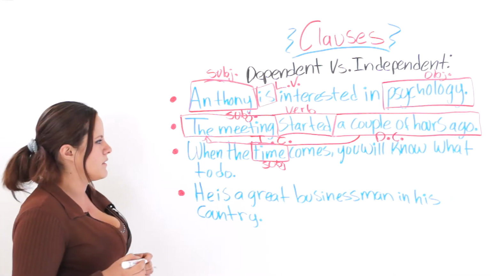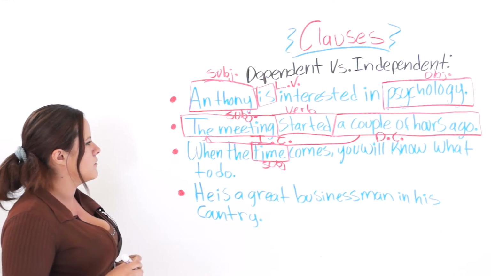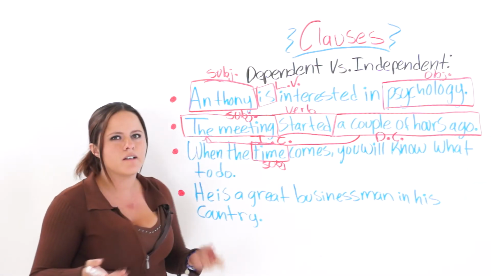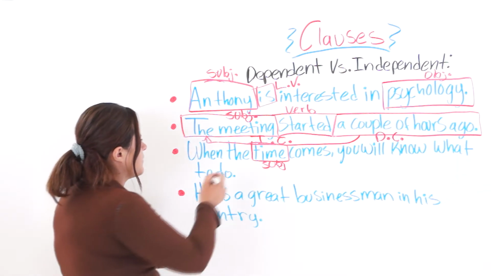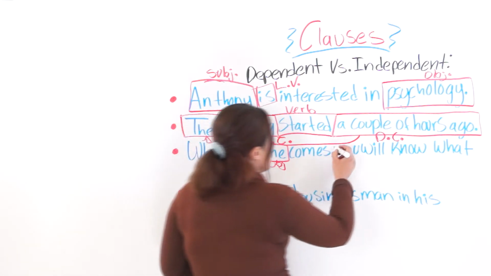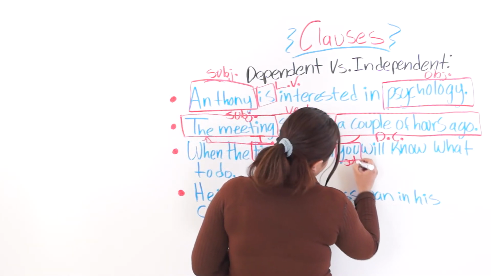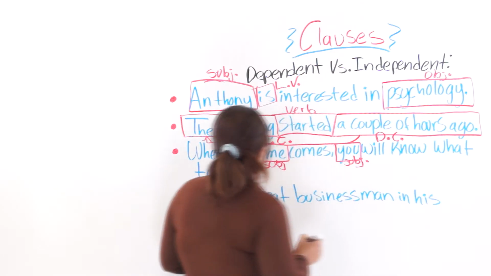Is that an independent or a dependent clause? You will know what to do. It could be a dependent clause because it is not telling you a complete thought or idea. When the time comes, you have another subject here. You will know what to do.